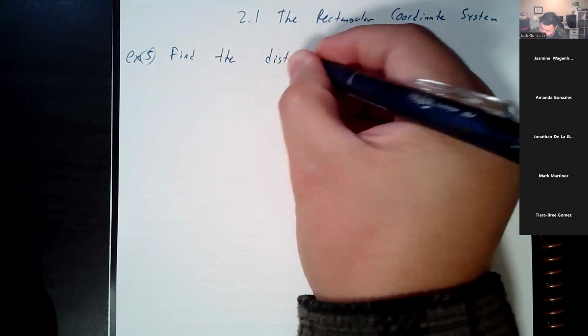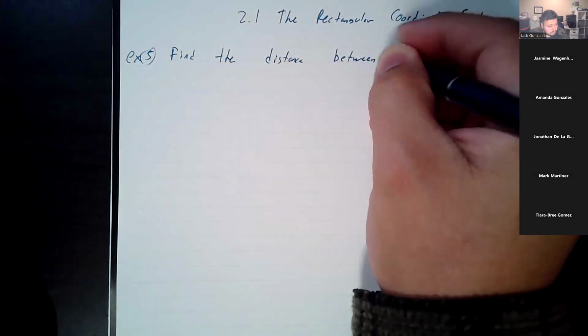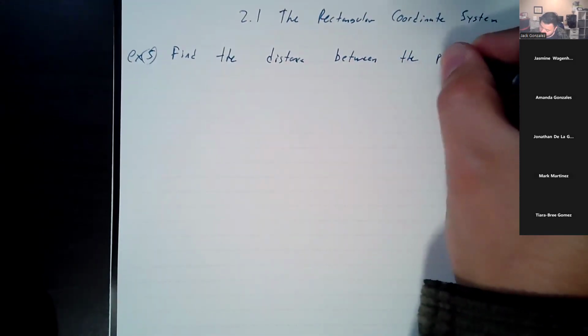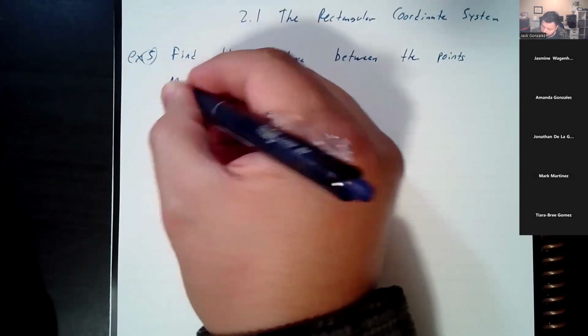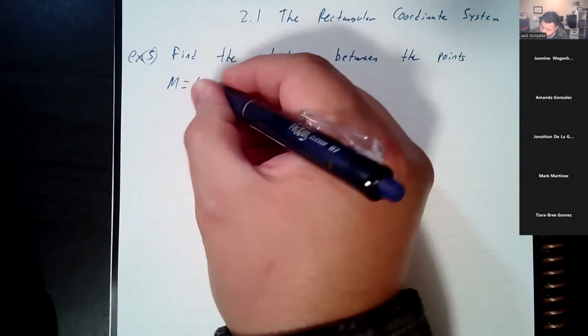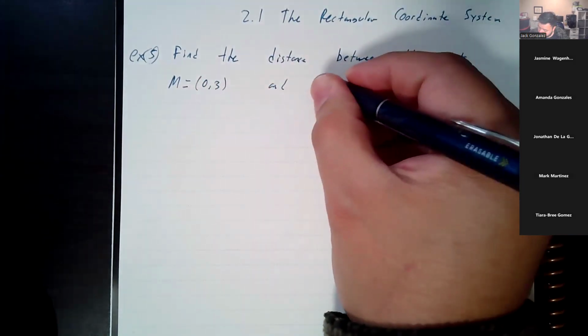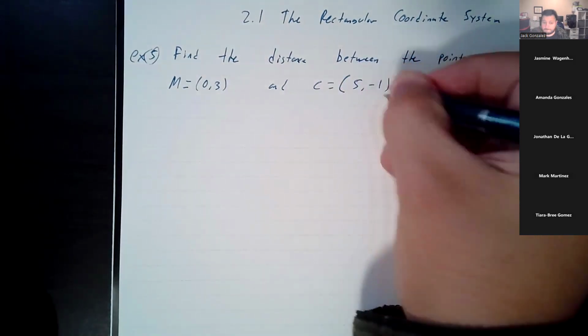Find the distance between the points M equal to 0, 3 and C equal to 5, -1.